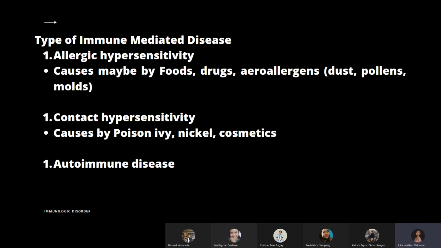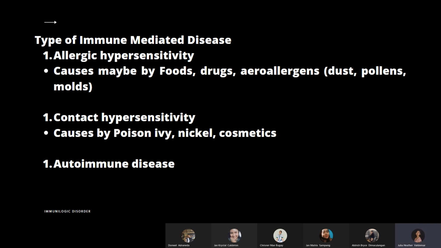I think most people have allergic hypersensitivity. The second one is contact hypersensitivity, which is caused by poison ivy, nickel, and cosmetics. We are very familiar with allergic reaction or hypersensitivity associated with cosmetics.